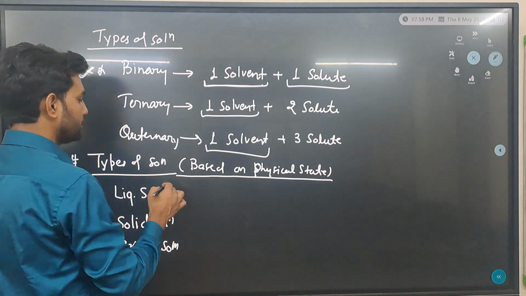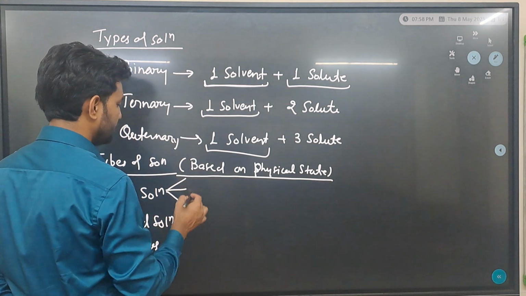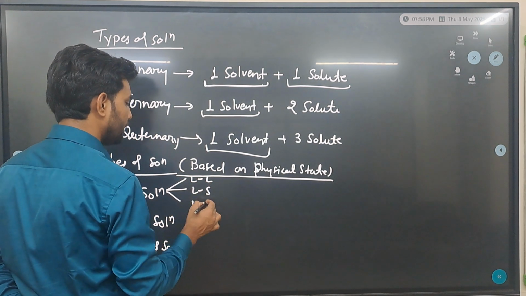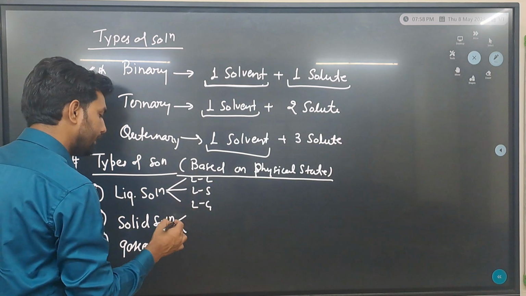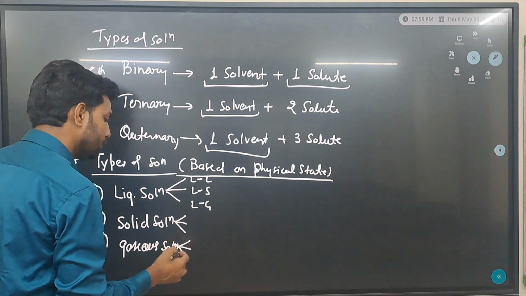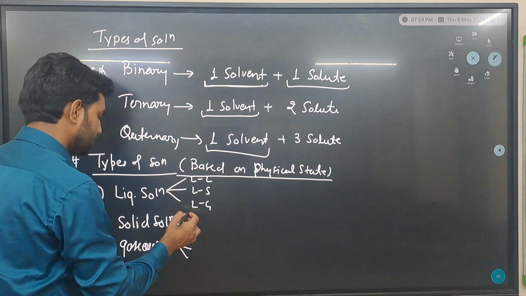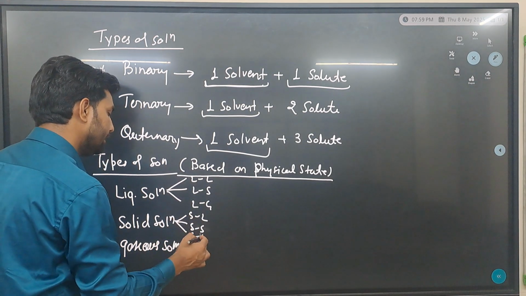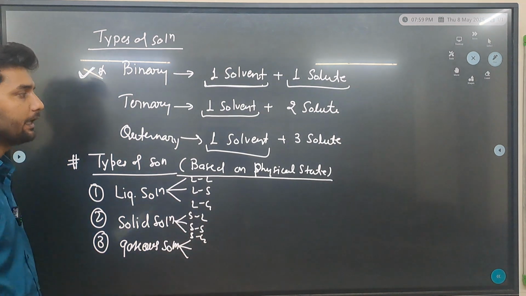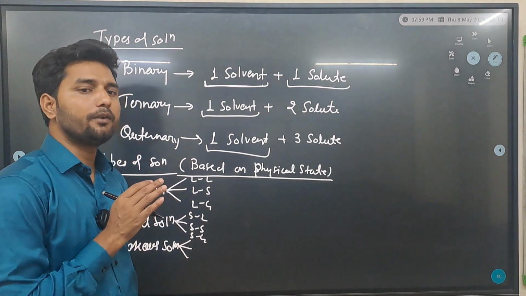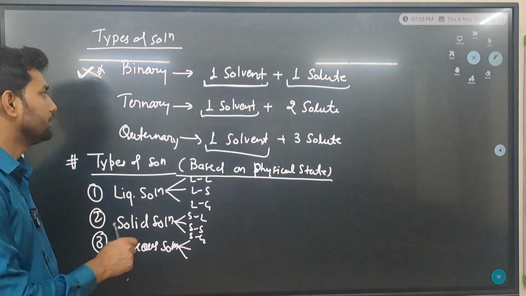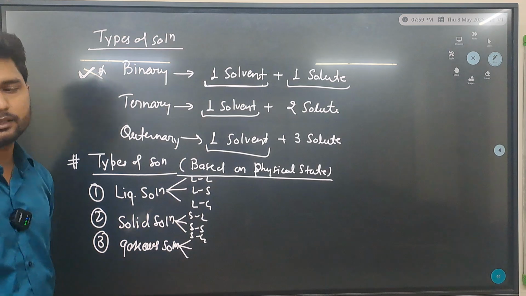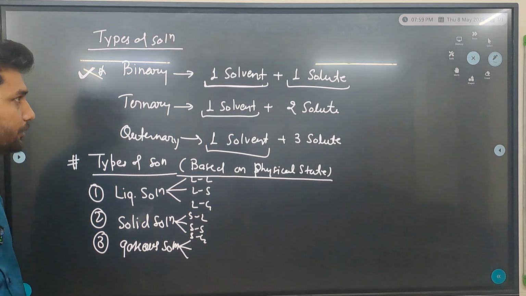Liquid solution is also divided into three types: liquid-liquid solution, liquid-solid solution, and liquid-gas solution. Similarly, solid solution is divided into solid-liquid, solid-solid, and solid-gas solutions, and the same for gaseous solution. These are the types of solution on the basis of the number of solute and solvent, and on the basis of physical state.